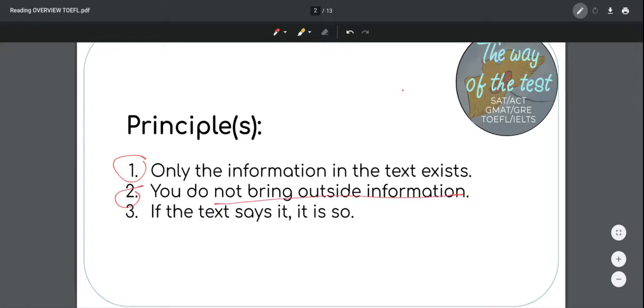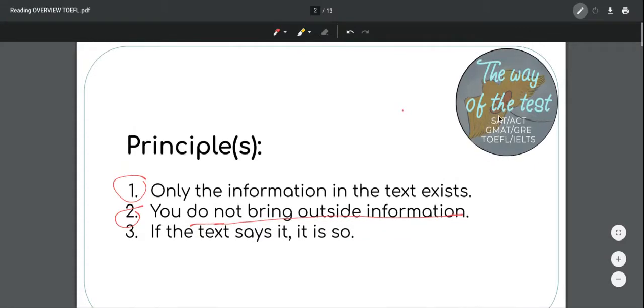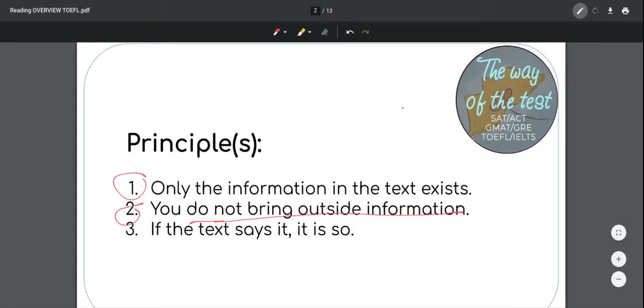Okay, whatever you do, do not bring the outside information, which means if you find something in a text that contradicts something that you know for a fact in real life, you leave that outside and you treat the text as the only truth. Okay, so principle 1 and principle 2 go together. So only the information in the text exists, and you do not bring outside information to the text.